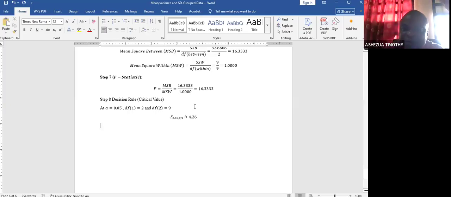But since the tabulated value from the statistical table is less than the calculated F value, we accept the null hypothesis and stress the fact that there's no significant difference between the means of the teaching methods.